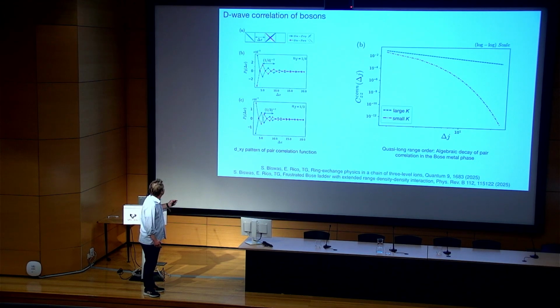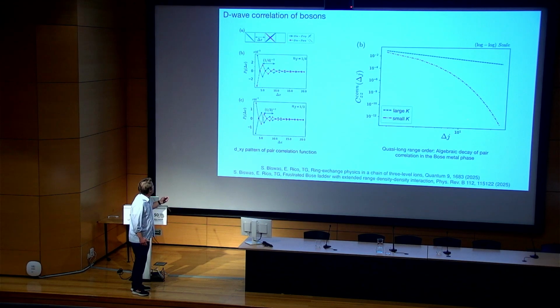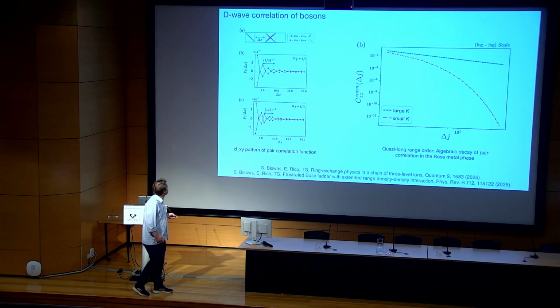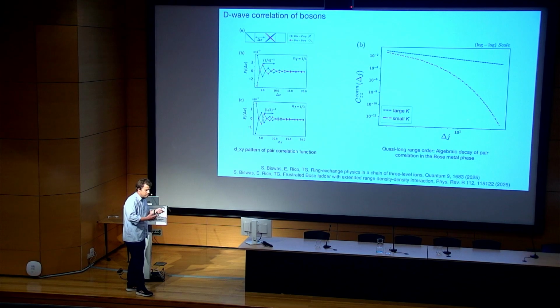Apart from this curious Bose sea behavior, these bosons are also correlated through pairing correlations. In particular, these are correlations of pairs that are on the diagonal of the ladder. They are correlated with pairs on another, either parallel or perpendicular diagonal. They spatially look like this, so they look opposite for the parallel and anti-parallel pairs.